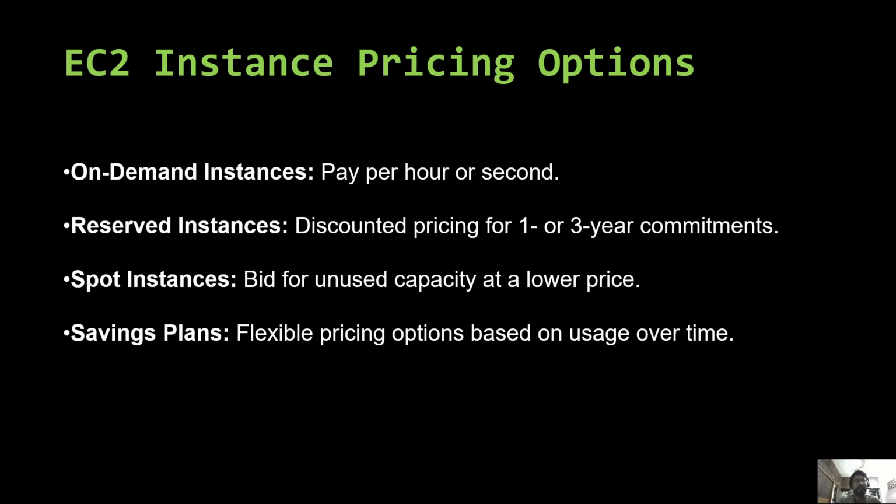The second one is reserved instance, wherein there is discounted pricing for a 1 or 3 year commitment. So reserved instances, for example, are not auto scalable. Basically, here we have reserved compute. Whatever your requirement is, based on that requirement we can create an instance, and that instance will have those resources as reserved. So this fixed resource you will be having for that instance, so you cannot automatically scale up or scale down.